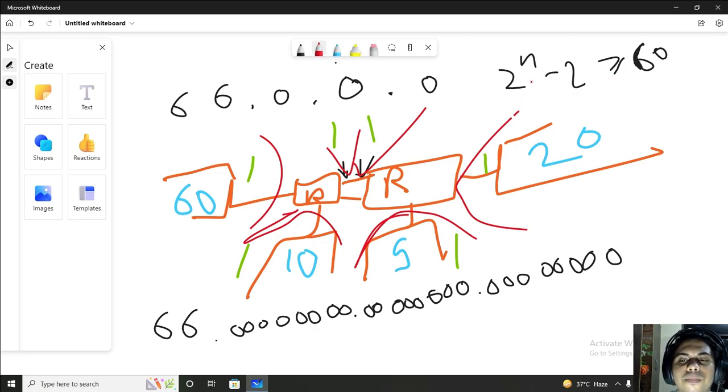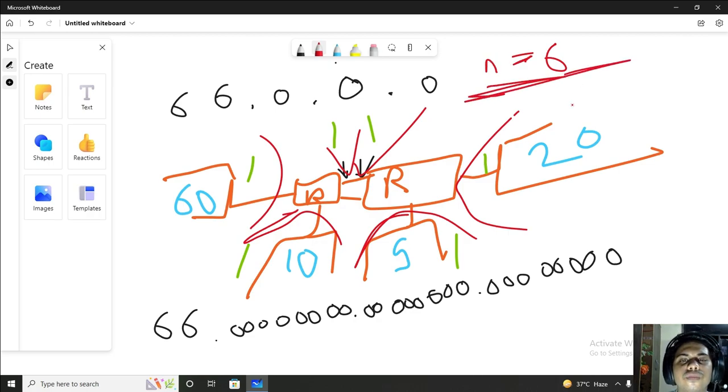If I subtract 2 from 64, it will be 62, which is greater than 60. So my value of n is 6.